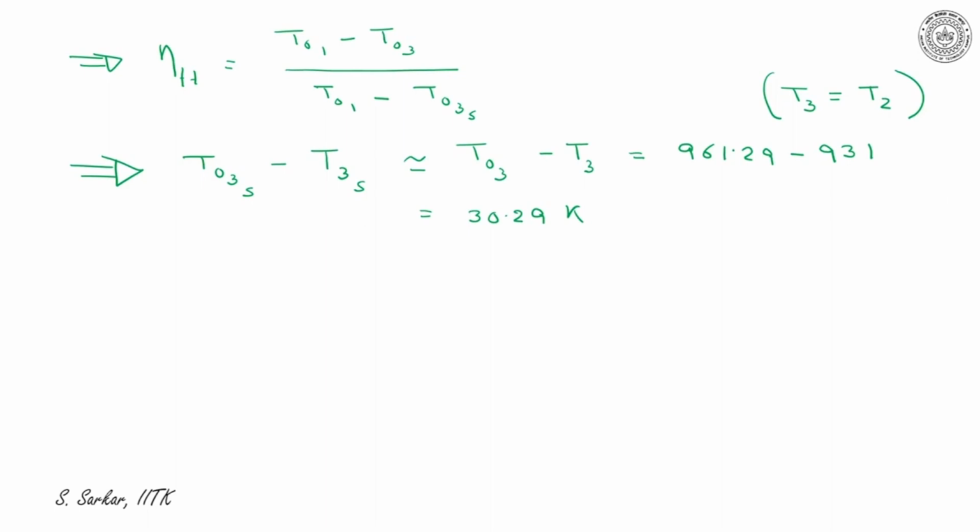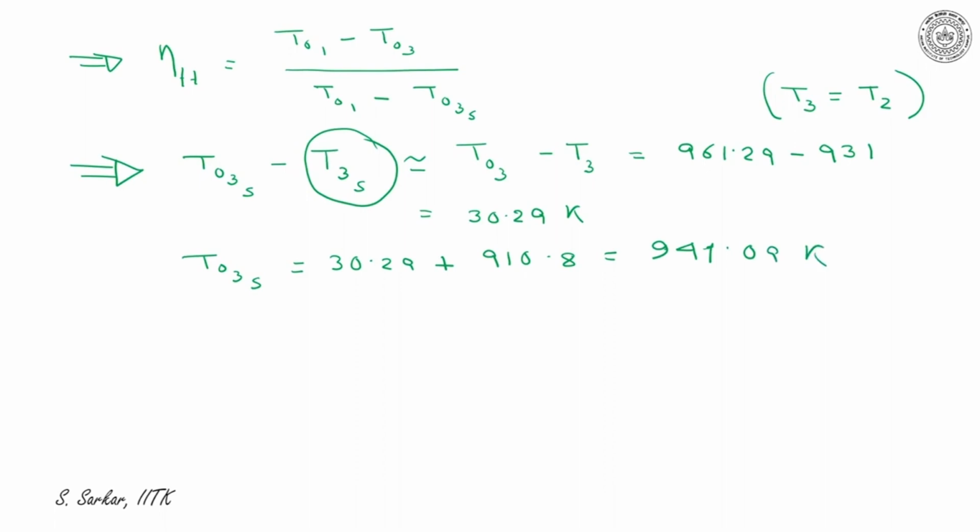From here, I can evaluate T03S as I know the value of T3S. So T03S is equal to 30.29 plus 910.8. So this value is 941.09 Kelvin.